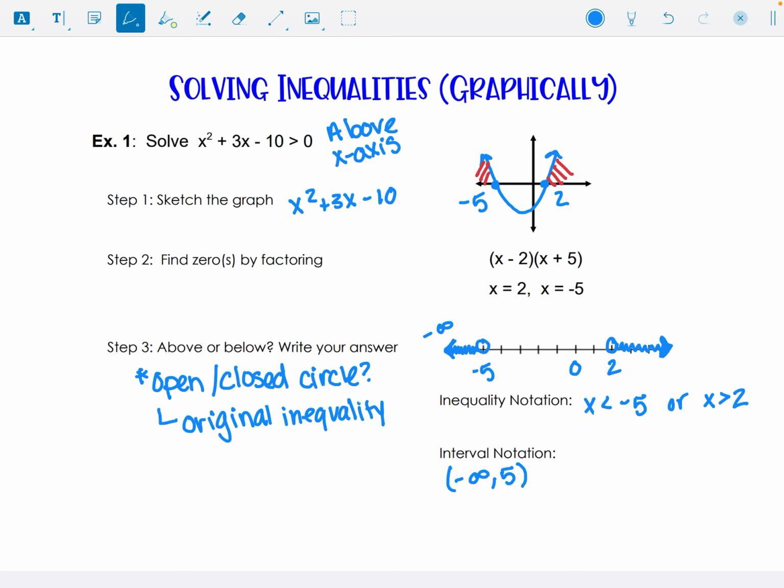And then the second section, it starts at 2. Notice I'm reading my number line left to right. So it starts at 2, and then it keeps going and going and going. So we'll say its ending value is positive infinity, both with a round parenthesis. And then because I do have 2 intervals, I'm going to use that little U in the middle, saying that I want to join the 2.